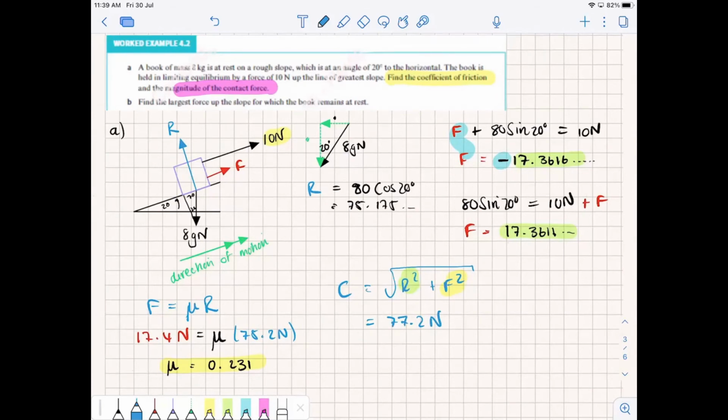Because actually, if you consider this friction force, all right, we got a force here of F is equal to minus 17.3616, okay? And if we considered that force here, it would be minus 17.3616, right? Look at my direction of acceleration. My direction of acceleration is this way.